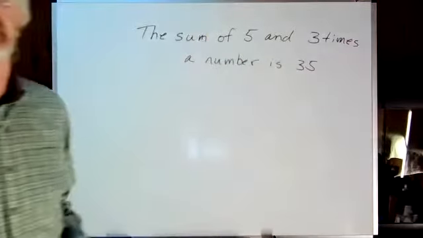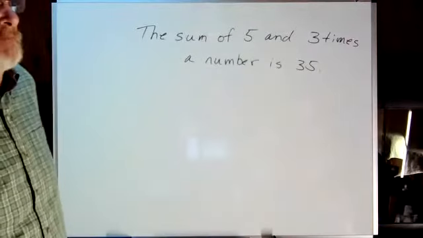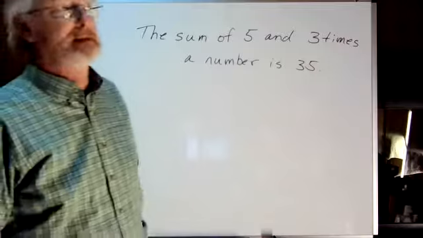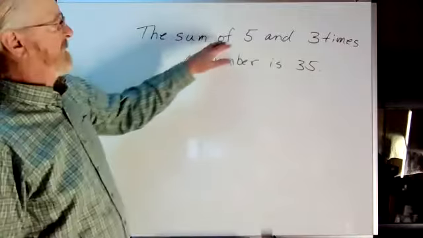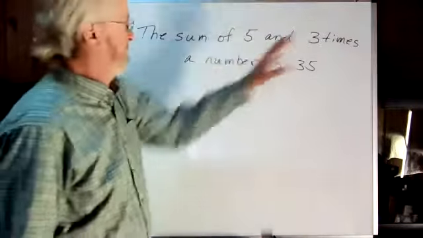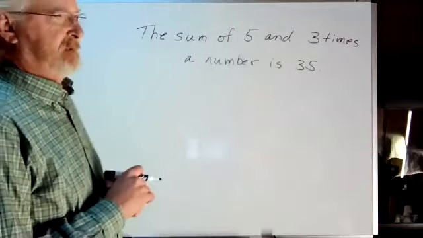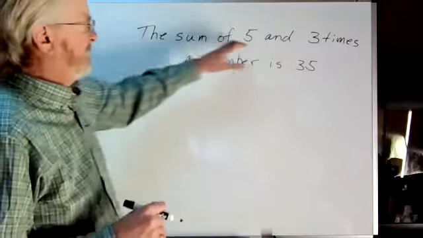Very similar shape to this one. I threw in the word sum this time to show we're going to add a couple of things together. The sum of 5 and 3 times a number. So I know sometimes it could be confusing. Is that the sum of 3 and 5 is 8?